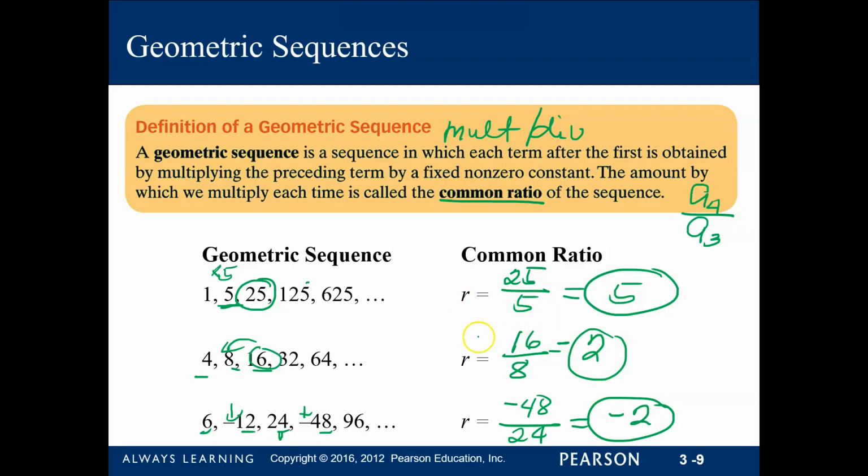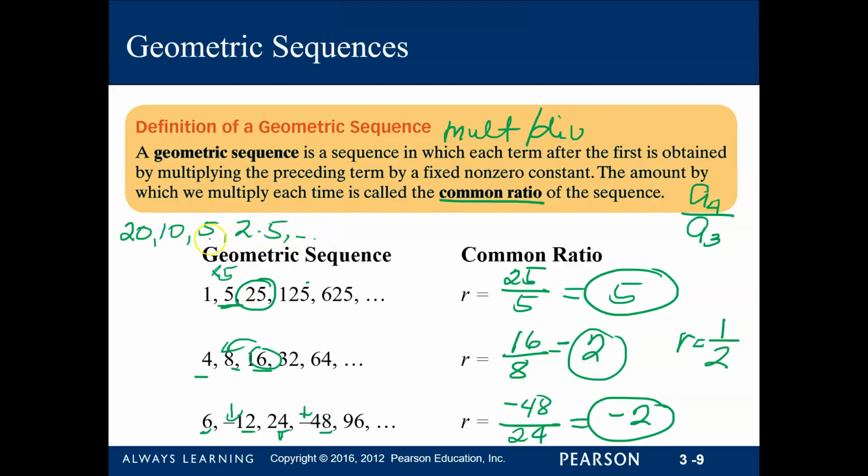If by any chance you get a common ratio in fraction form, let's say 1/2, this is true if the pattern you're seeing is that you are dividing by 2. For example, let's say the geometric sequence is 20, 10, 5, 2.5, and so on.